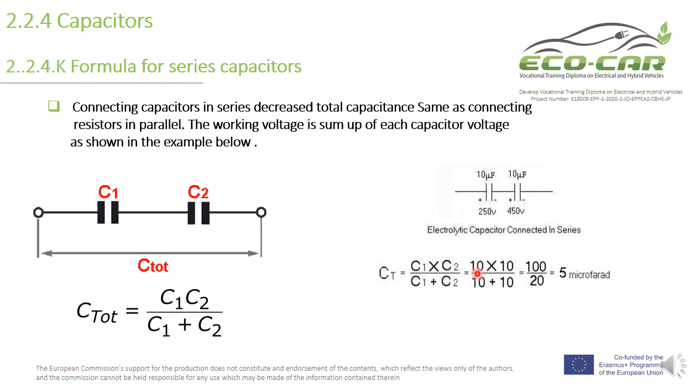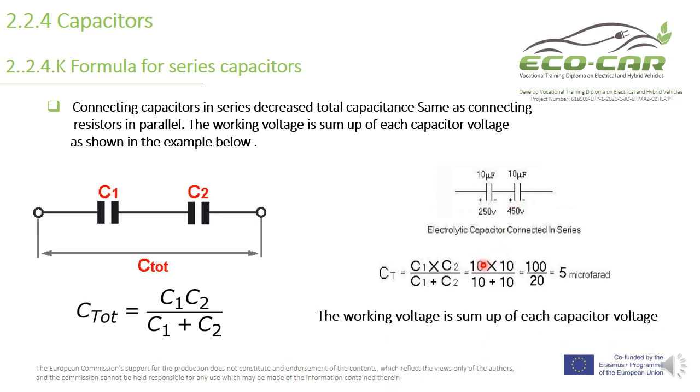So what is the equivalent, or the total capacitance? See, 10 times 10 divided by 10 plus 10. So 10 times 10 divided by 20 is 5 microfarad. This is the C total of these two capacitors.